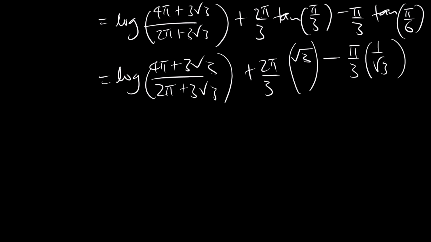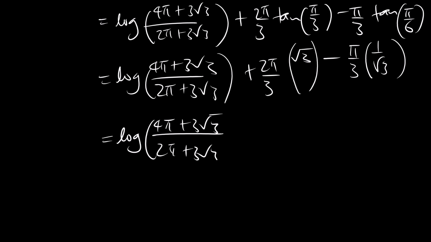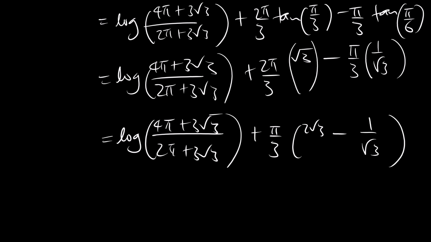Okay, so we can pull pi over 3 out there. Pi over 3 times root 3 minus 1/3.